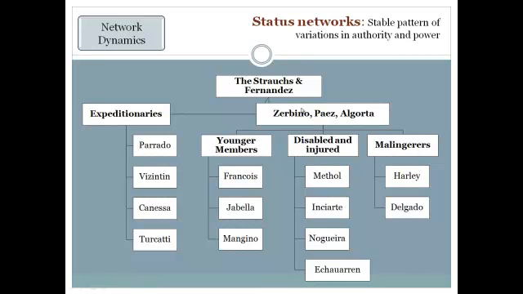You've got Zerbino, Paez, and Algorta, maybe like subgroup leaders of these 3 groups here. These are the malingerers. These are the disabled and injured. These are the younger members here. Kind of forming a way to find categories for each of the group members here.